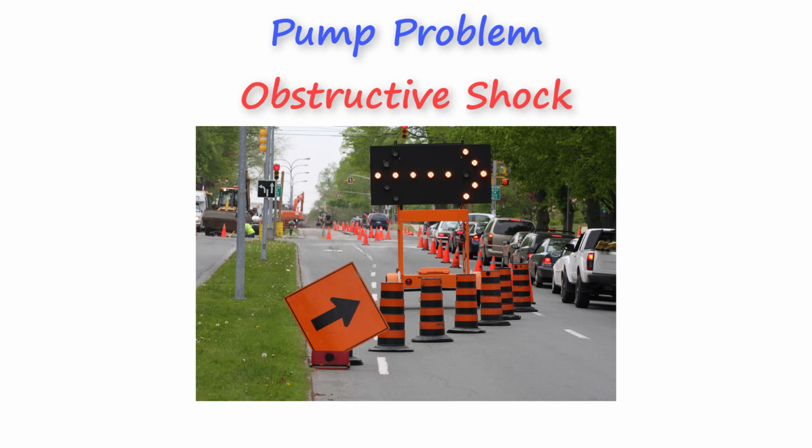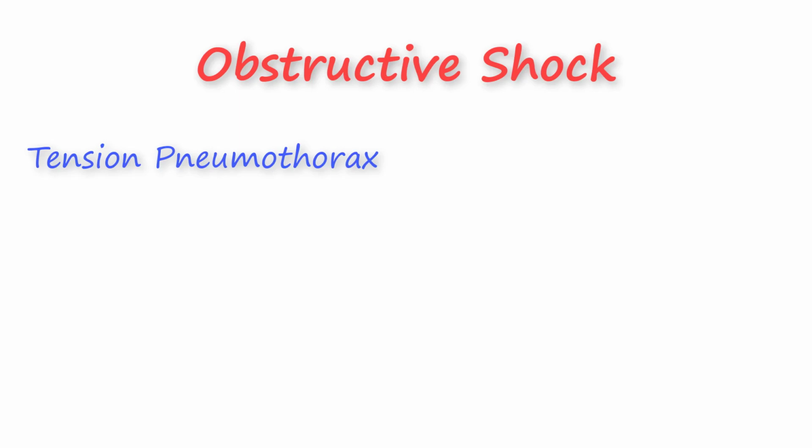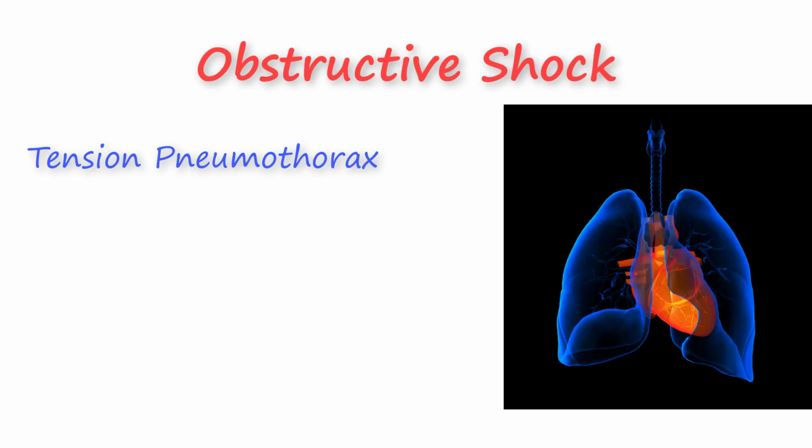Now, the 2 main causes of obstructive shock are a tension pneumothorax or a cardiac tamponade. So in a tension pneumothorax, you have the hole in the ruptured lung that's releasing air out into the pleural cavity with every breath that the patient takes.